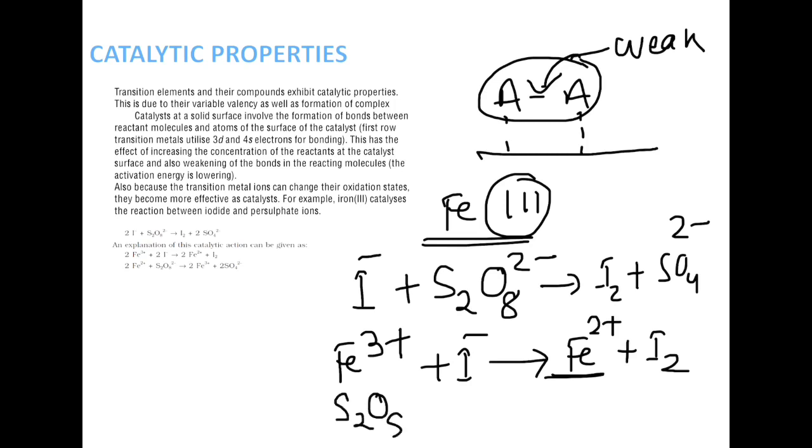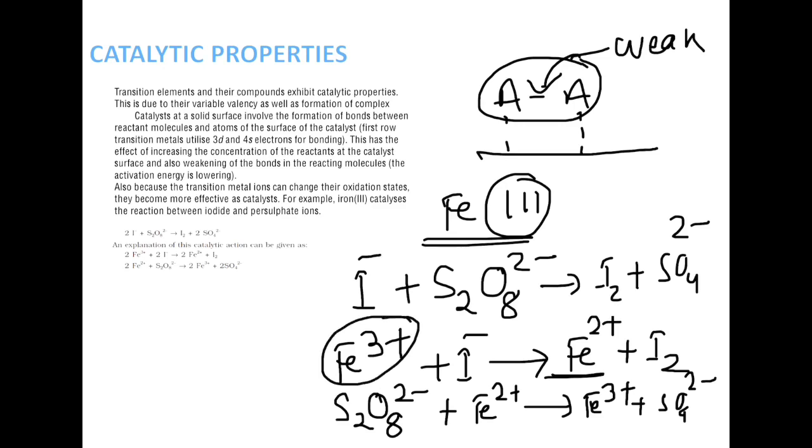This combines with the peroxodisulfate, the ferrous again converts to ferric and peroxodisulfate converts to sulfate. So finally we get Fe3+.